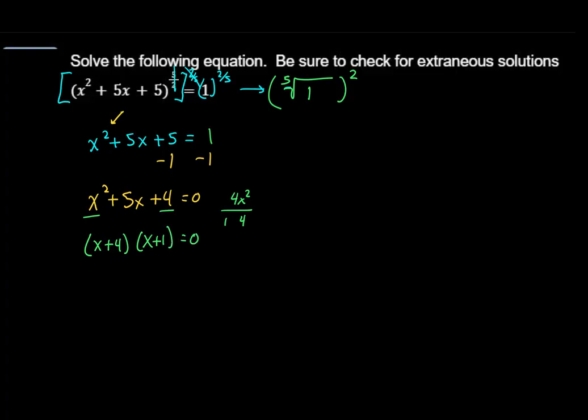This is a solve equation question, not a factor question, so I set each of those factors equal to 0. So x plus 4 equals 0 and x plus 1 equals 0. And then I solve each of those. Subtracting 4, giving me x equals negative 4. And subtracting 1 from both sides, giving me x equals negative 1.